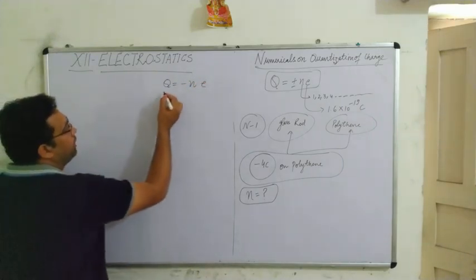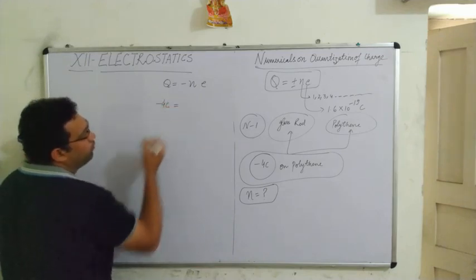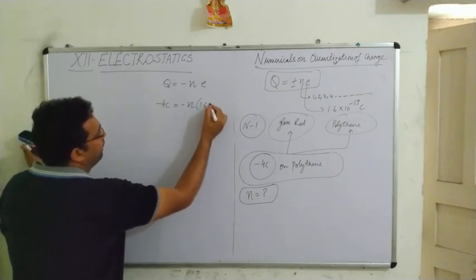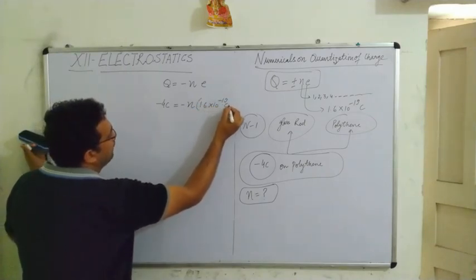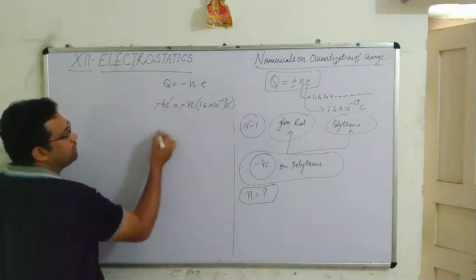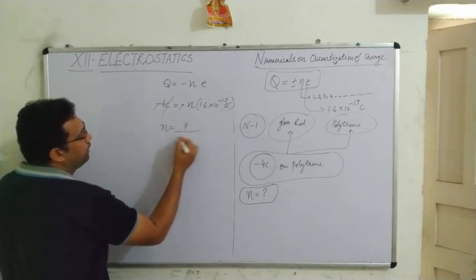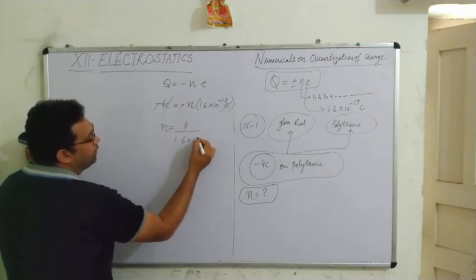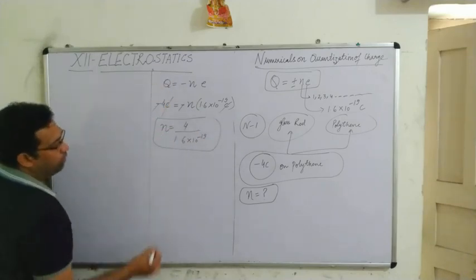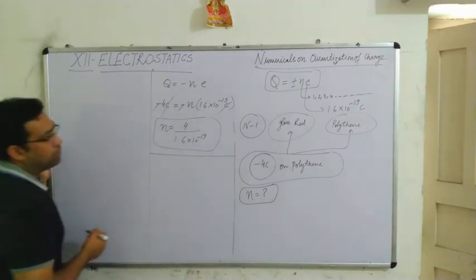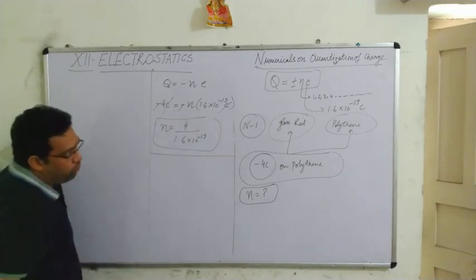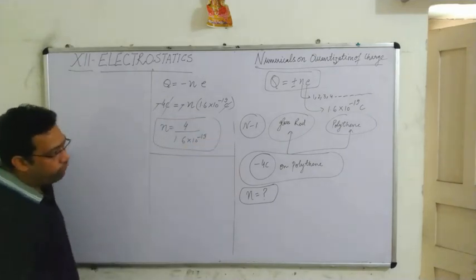The value of Q is given, minus 4 Coulomb. So minus 4 equals minus N into 1.6 into 10 power minus 19 Coulomb. Coulomb cancels Coulomb, minus cancels minus. So the value of N we can find out is 4 upon 1.6 into 10 power minus 19. So this is all about this numerical. Now we can use this formula in these types of questions.